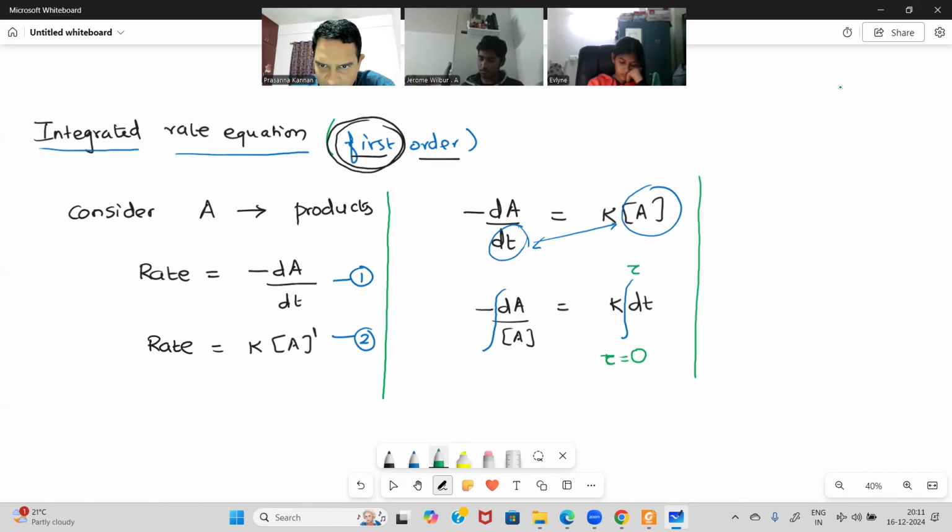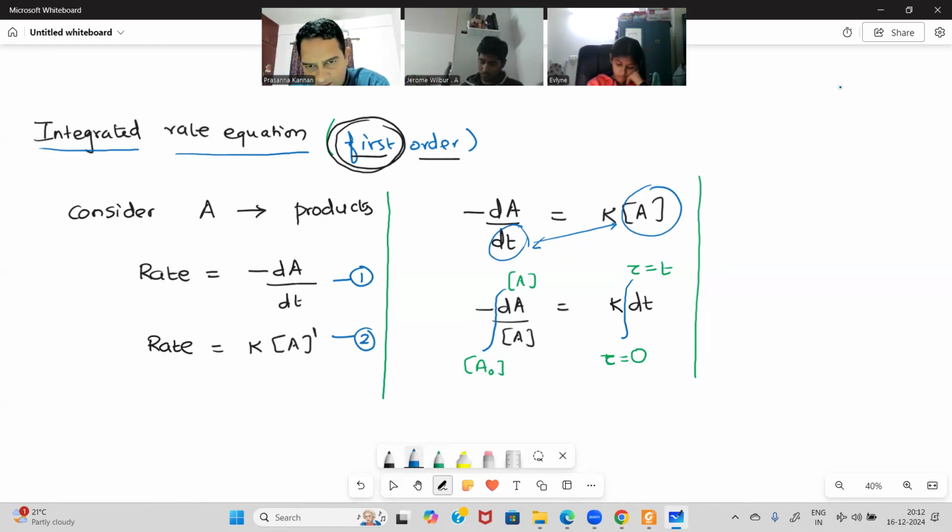And let's say at whatever time we are measuring, let it be T. Initially the concentration of the reactant, let us take it as A naught. And at the time T, let us take the concentration as A. Obviously, A will be less than A naught, right? Because concentration of the reactant keeps decreasing, isn't it?